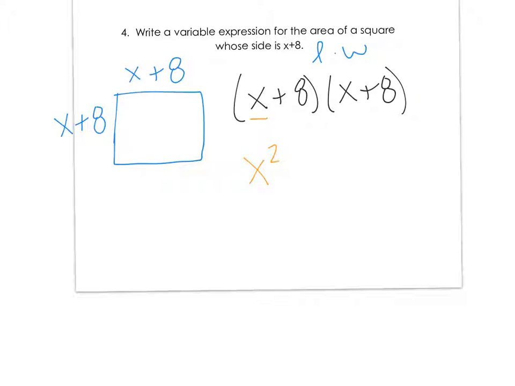For my middle term, take the product of my first term times my last term times 2. So 8 times x times 2 will give me 16x. Then for my last term, I want to square my last term, which is 8, and get 64. And then since I found area, I'm going to label this units squared.